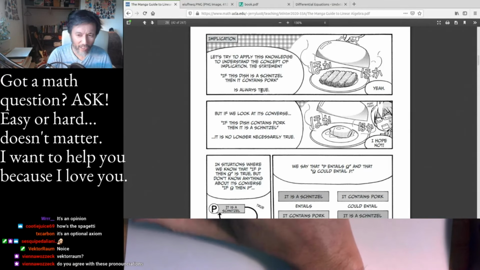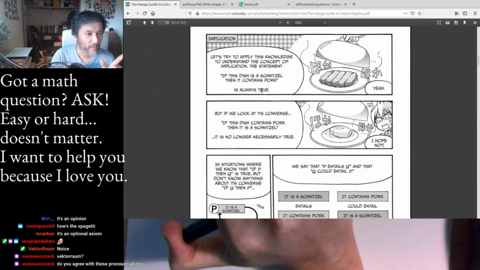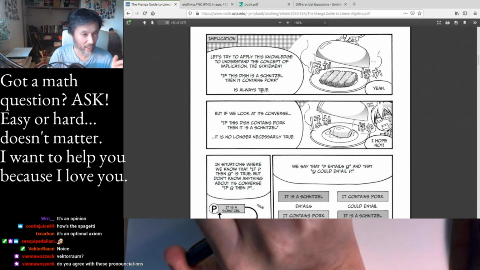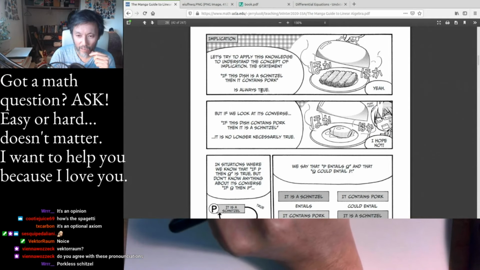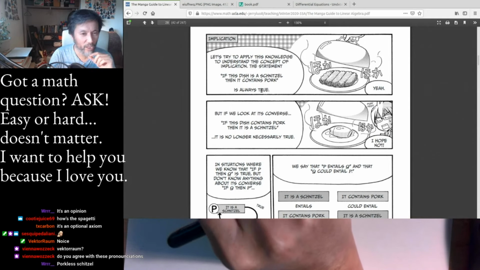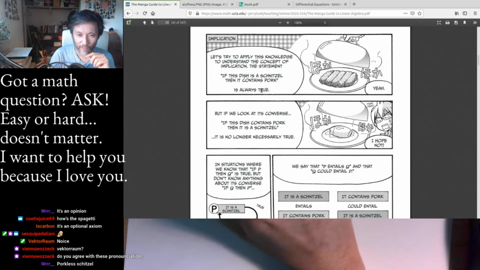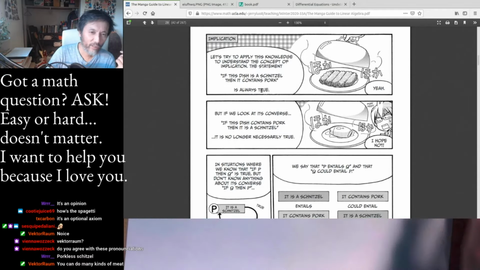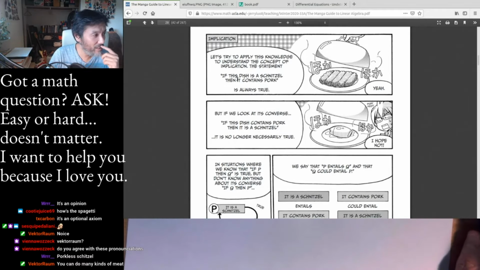However, is there not such a thing as chicken schnitzel? Porkless schnitzel is a thing. So this statement is not always true.